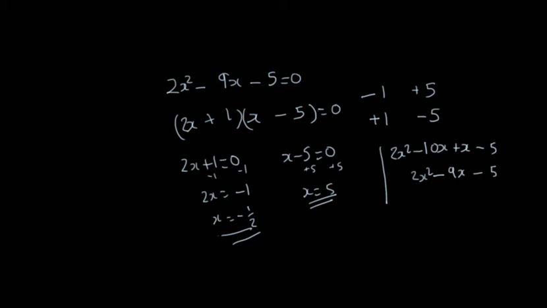Let's look at a different type of quadratic. Sometimes we have only two terms in our equation. So in this one, we've only two terms. So we can take out 2x, and then we're going to have 5x minus 2 equal to 0.